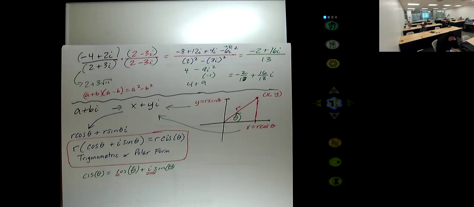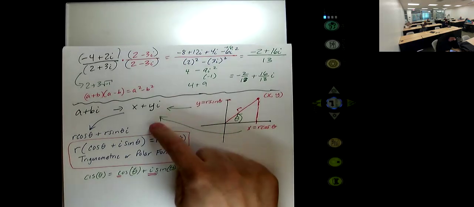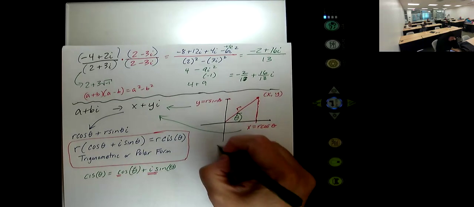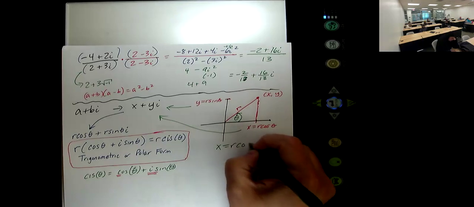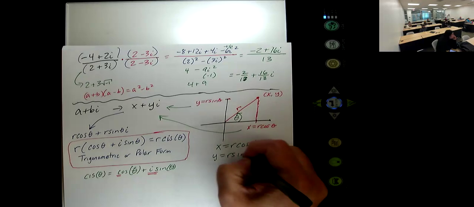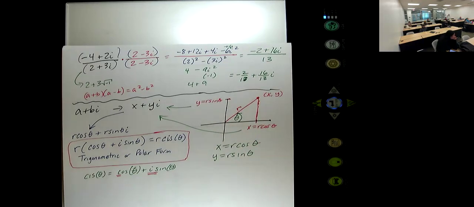So there's got to be a way for us to switch from our rectangular form to our polar form, and we've done this with other things. We need a way to get R from XY and a way to get theta from XY. If we want to get R from XY, well, we had X equals R cosine theta and Y equals R sine theta, I'm writing it like this so we can have it all together.